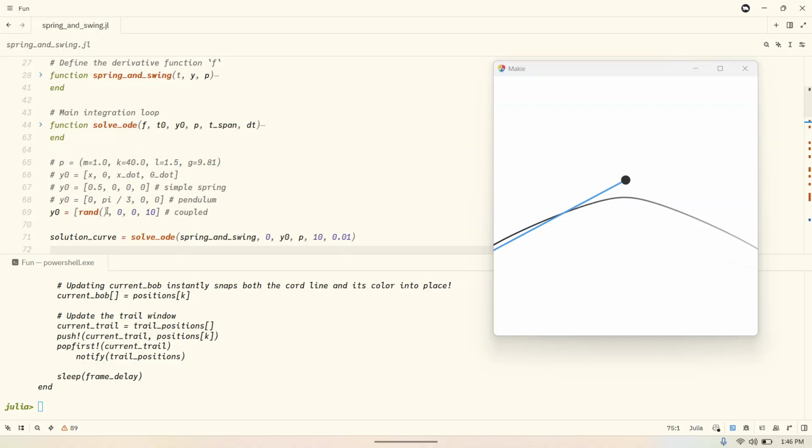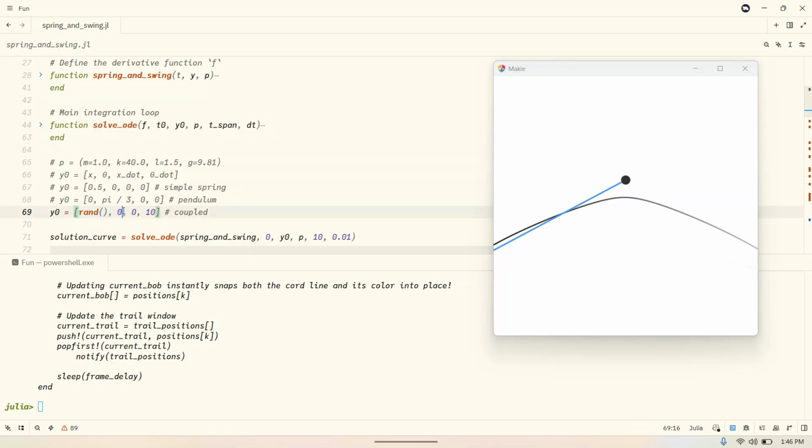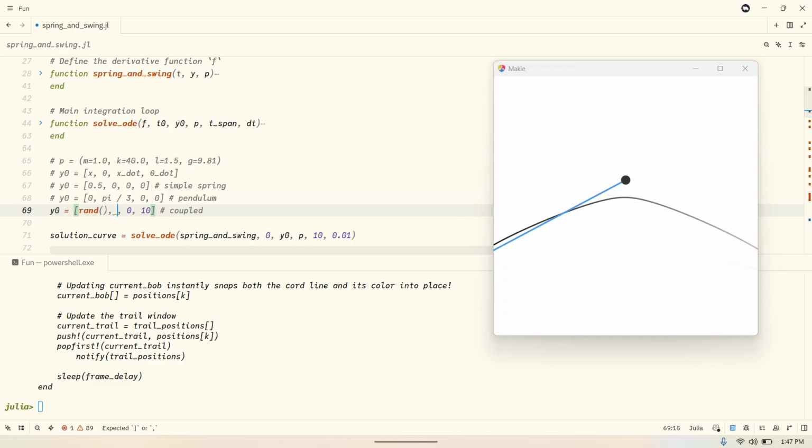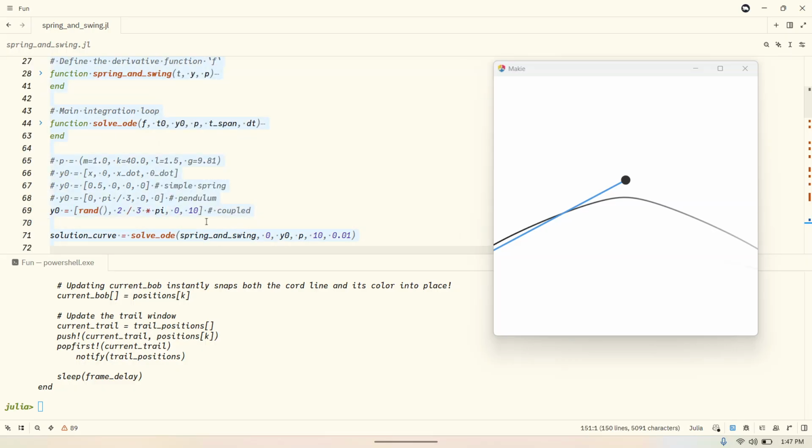I think what would be interesting is if you have the angle also be sort of beyond pi by 2. So maybe like 2 by 3 times pi, right? That seems fine, and maybe we can lower this down a bit and make it negative so that it's swinging sort of down this way.